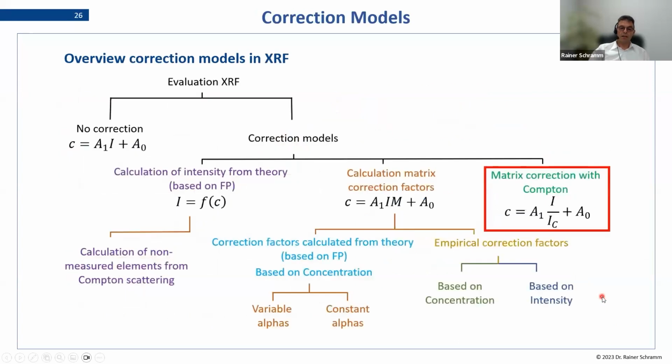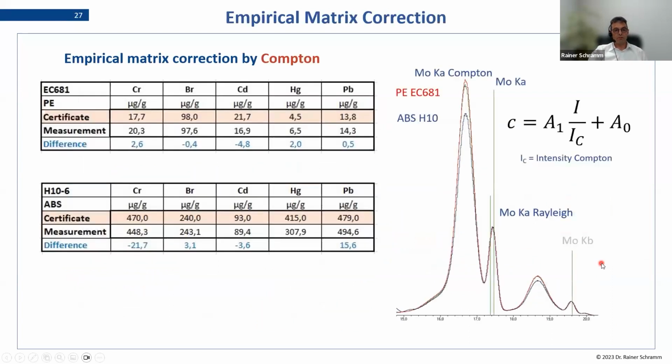So last but not least, I would like to present the Compton correction model, where we use the Compton peak to correct the intensities for the matrix effect. Here is one example. I have polymer disks, one from ABS, one from PE, and I look at the Compton peak of the scattered molybdenum X-ray tube line, and you see that the Compton peak for the ABS is different from the PE.